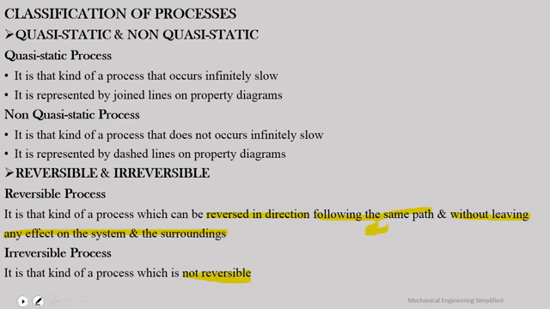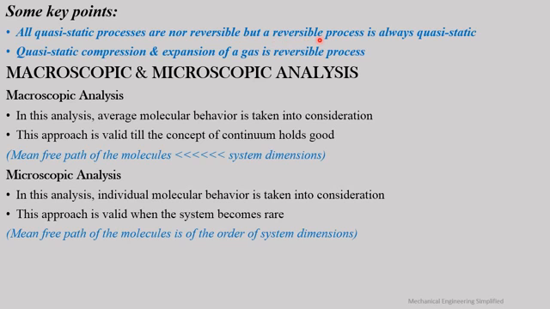If a process is occurring infinitely slowly, that does not mean it is reversible. For a process to be reversible, those three conditions which I told you in the earlier slide need to be followed. If any process follows those three conditions, it becomes reversible, and it is always quasi-static. Quasi-static compression and expansion of a gas is a reversible process.